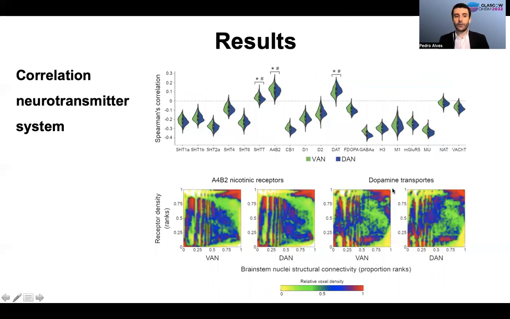Finally, the correlation analysis with neurotransmitter systems showed that VAN and DAN were especially correlated with the distribution of alpha-4 beta-2 acetylcholine nicotine receptors, and also with the distribution of dopamine and serotonin transporters.